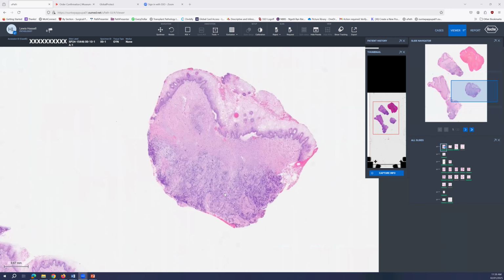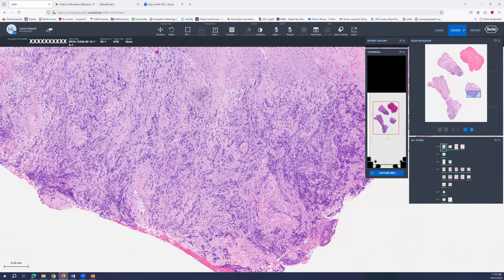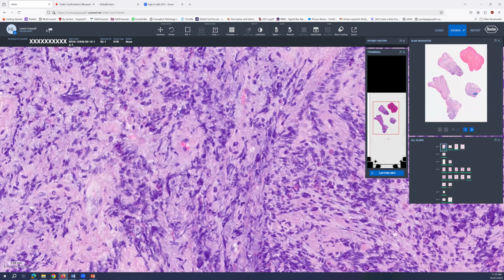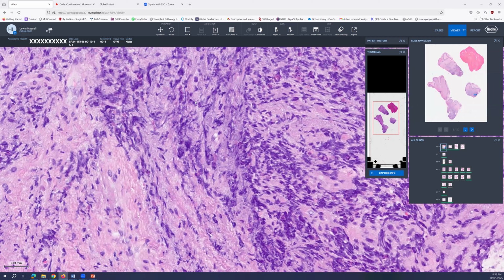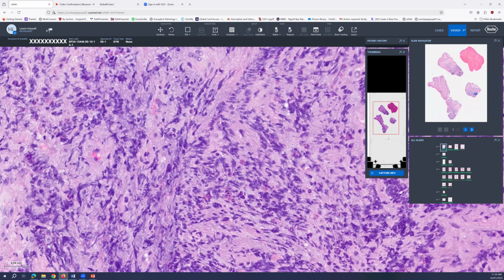As we examined this, I could see that there was a great deal of crush artifact that somewhat distorted the tissue here, making me wonder if this was a neuroendocrine neoplasm or lymphoma or some other very fragile type of carcinoma. There was very little material here that was residual and staining, or that was recognizable with much in the way of nuclear morphology.